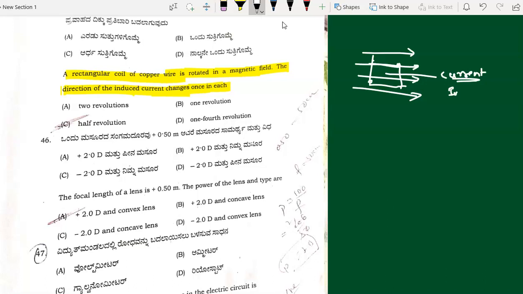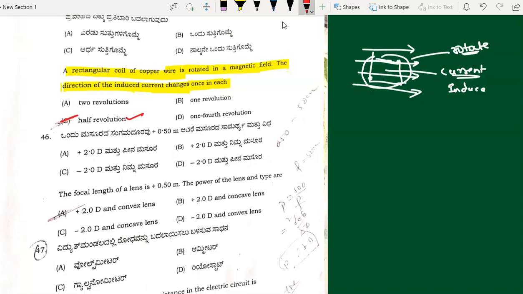But if this coil wants to rotate continuously, there should be a change in the direction of the induced current for every half revolution. Every half revolution we should find a change in the direction of the induced current. We should see that, then only it will rotate, otherwise it will not rotate.